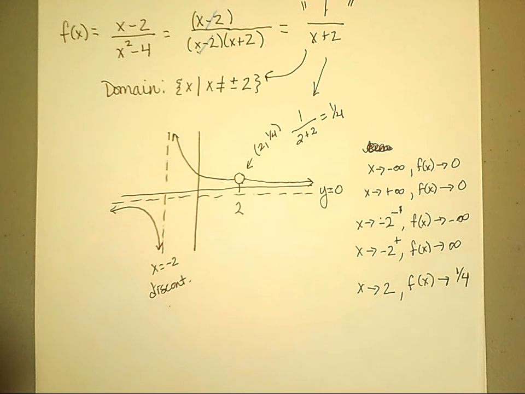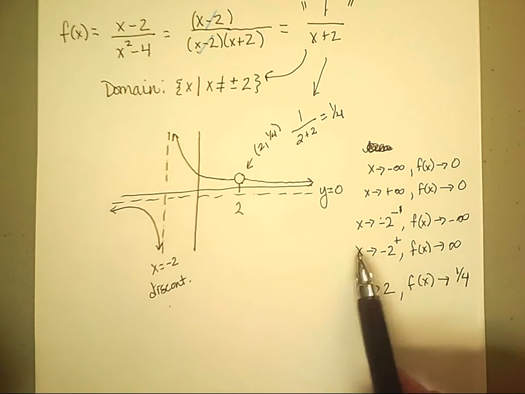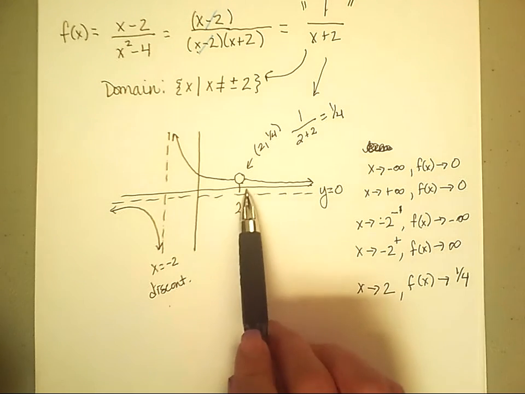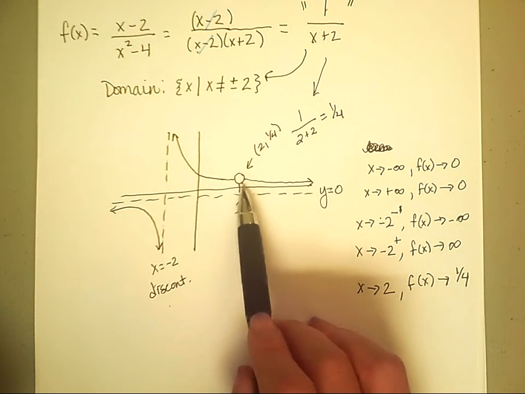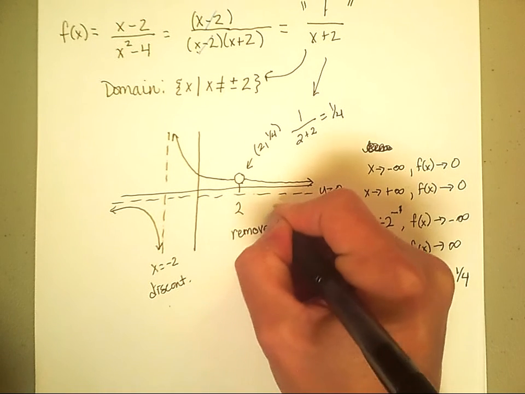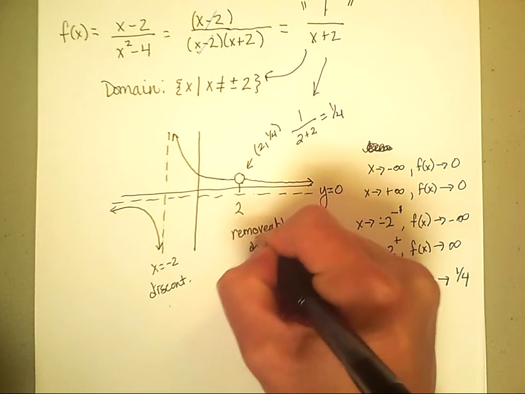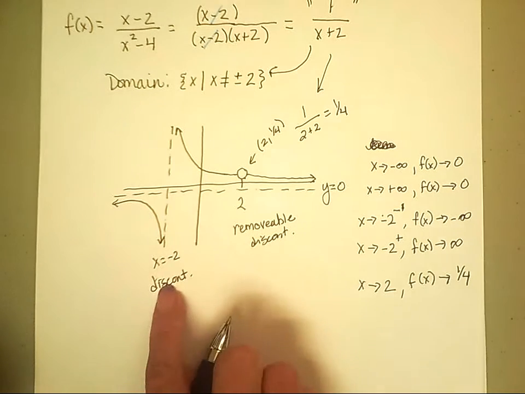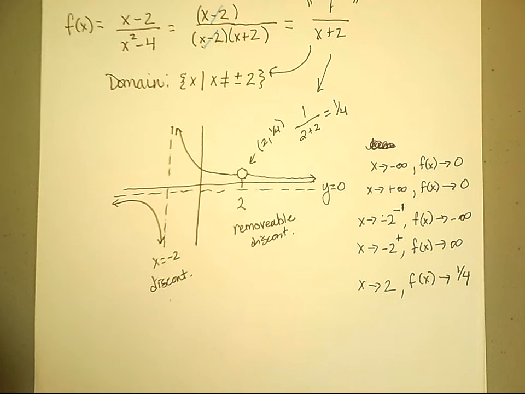So that's how we deal with all of these x approaching values, and how we deal with domain restrictions. They're either going to lead to a hole, which is a removable discontinuity, or we're going to get the asymptote.